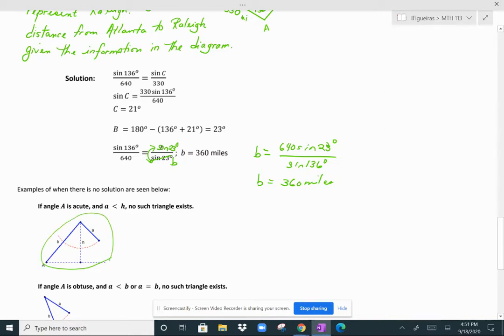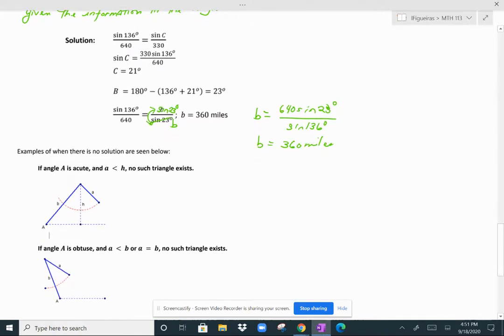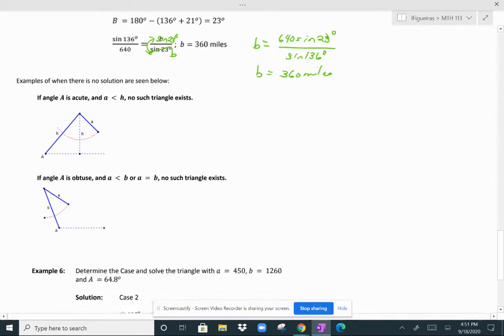So this would be a case of where no such triangle exists. Here's another one. If angle A is obtuse, meaning greater than 90, and side A is less than side B, or side A and side B are equal, then again, this would be an impossible scenario where you cannot create a triangle based on the information given.